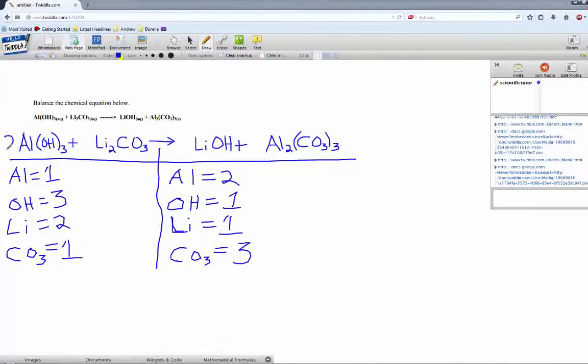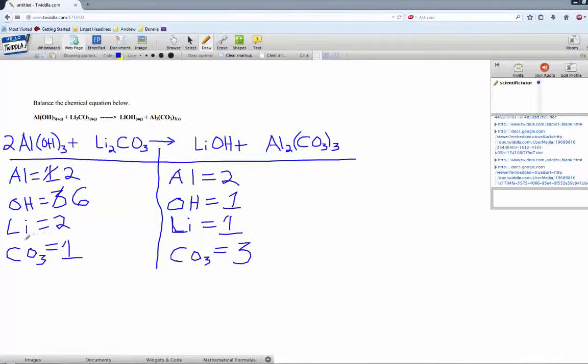So I'm going to put a 2 in front of this Al. Now let's change everything on this side that I changed in the coefficient. 2 Al and 2 times 3 OH, 6 OH. So my Al is good.